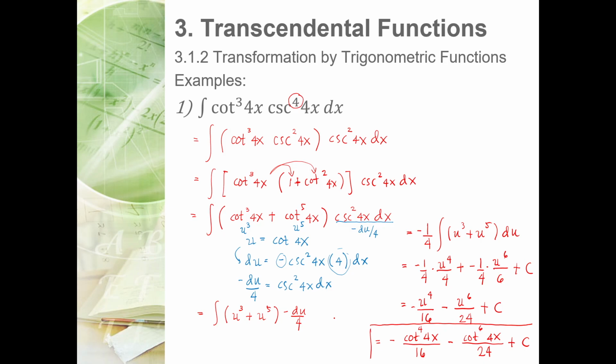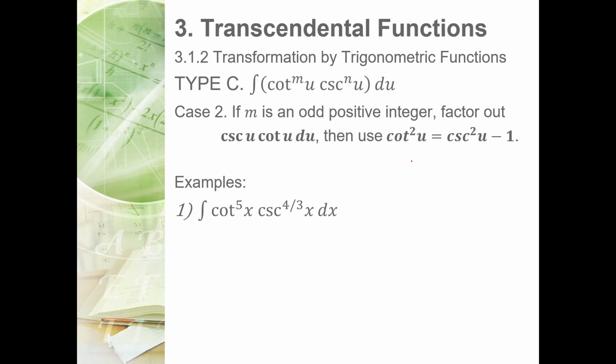All right. So last but not the least, this is the last case for the three types. So case number 2 for type C. Again, similar to type B, we look at the m part, which is the cotangent function. So type B, that's the tangent function. Type C, that's the cotangent function.